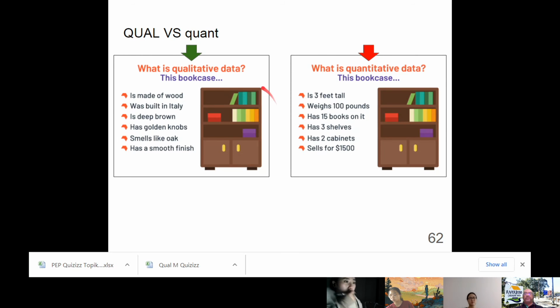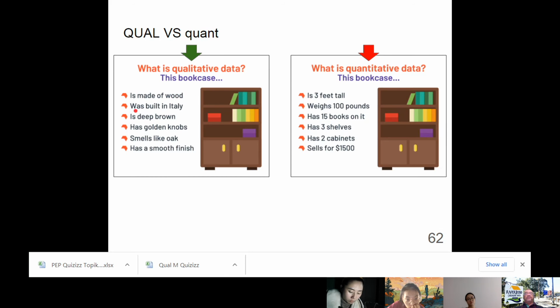So you see the difference. The same object, which is a bookshelf, or the bookcase here, and also the same bookcase, but the data you get from there is different. For the qualitative one, when you observe the bookcase, your first finding is the bookcase is made of wood.